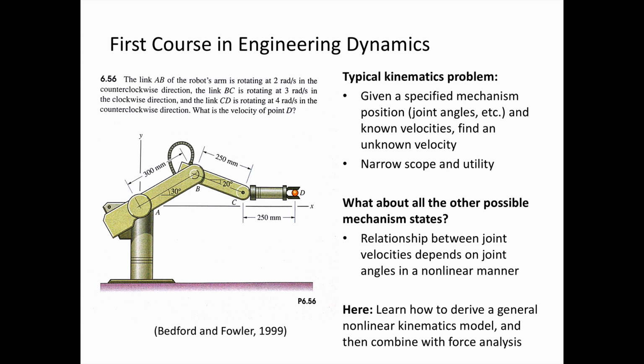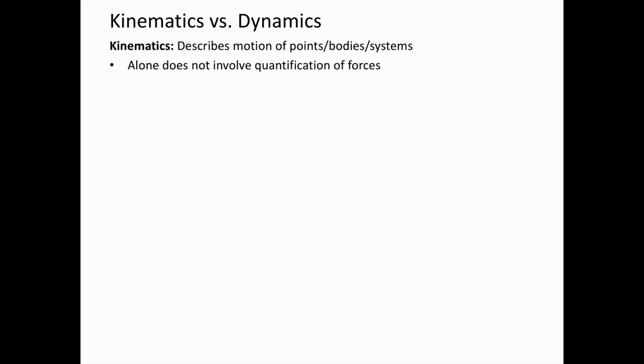So we're going to learn how to derive a nonlinear kinematic model, and then by the end of the video series, we're going to learn how to combine that with force analysis. Let's talk about this distinction between kinematics and dynamics. Kinematics describes motion, but it does not involve quantification of forces.